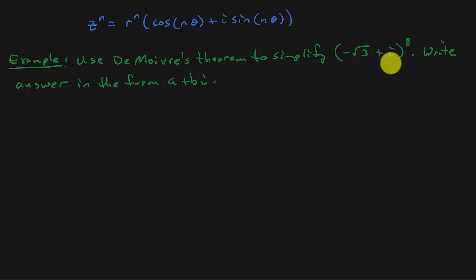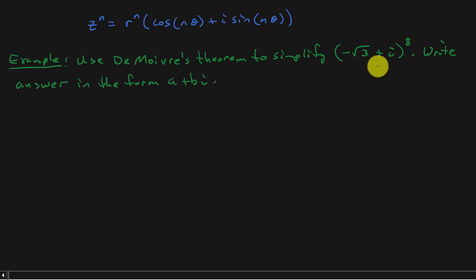But what we can do is convert this to trigonometric form, and that's why I said at the beginning of the video to go watch that other video, because we go over how to convert to trigonometric form. I'll explain it as we work this problem, but keep in mind this video assumes you know how to convert to trigonometric form. I will go over it, but not as slowly as I did in the previous video.